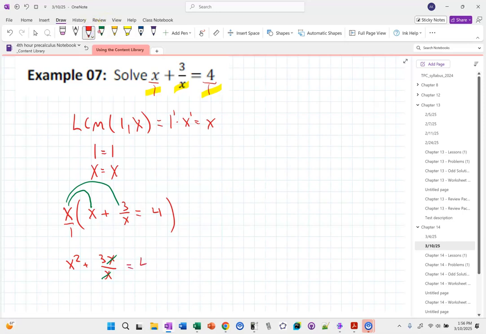If you can do that in your head, I encourage you to do so. It's where you want to be, being able to see that in your head. If you don't see it right away, I'll write out the fraction and reduce it a couple of times before we just move on and accept it. We don't have to do that every time. So we're left with x squared plus 3 equals 4x. What type of an equation is that?